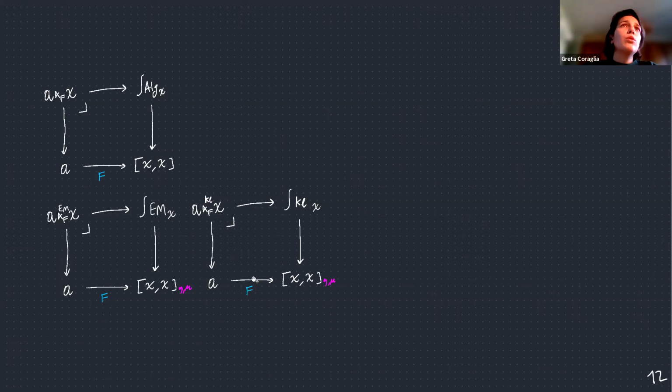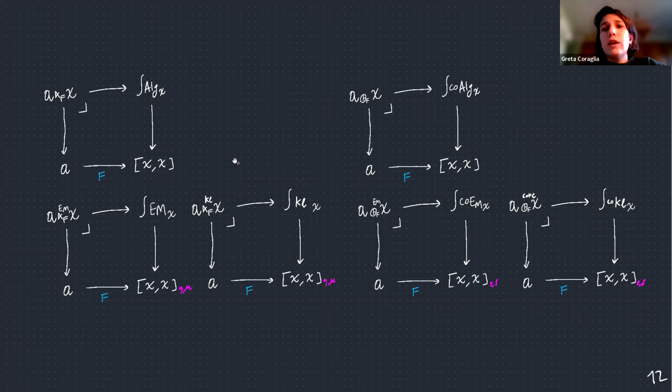Each time you can pull back, and we denote these EM and KL for obvious reasons. And of course, you can do everything for co-algebras, and you repeat the process with co-monads and such.